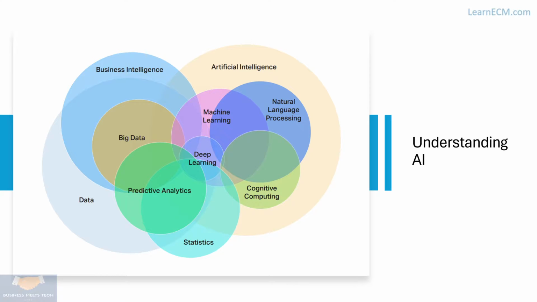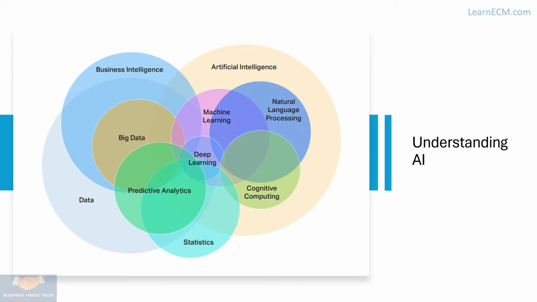So for example, we have artificial intelligence, under which we have NLP or LLMs, machine learning, deep learning. Then we also talk about business intelligence, big data. Then there is a different set of tools that are developed based specifically on the data itself. Then there are statistics that we derive from the data. So all these are intertwined, and there are different concepts that merge here. So artificial intelligence is a broad concept.